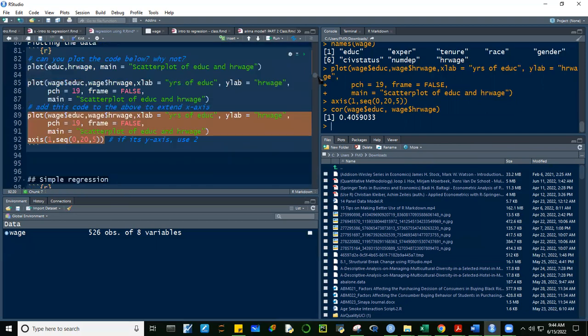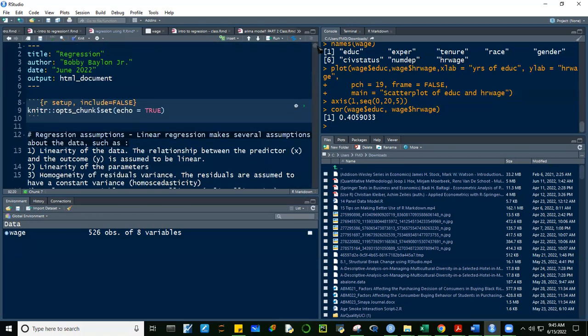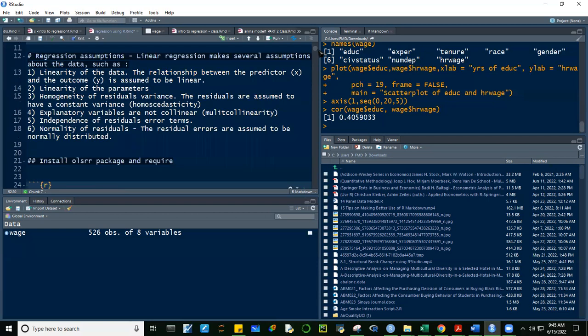That goes for all the other predictor variables, except for the categorical variables. What we want is for the correlation between your independent variable and your dependent variable to be high, but we don't want the correlation between your independent variables to be high. We don't want that because we will have what we call autocorrelation.